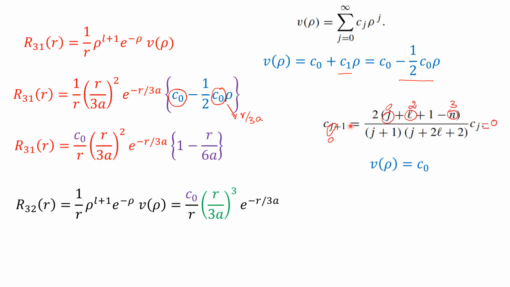So the first coefficient itself, C1, is 0. So you will get only C naught. So V of rho is C naught, and that C naught comes here. This is the wave function for R32.